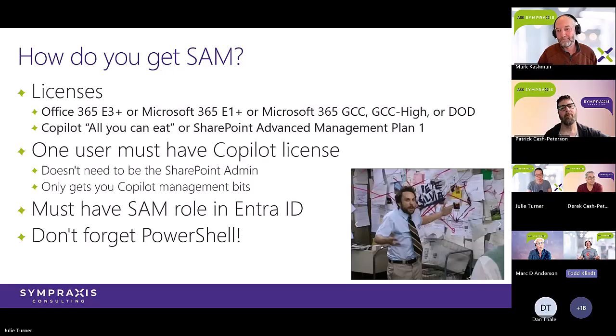And the reason for that is because as soon as you light up Copilot, then a bunch of the Copilot management stuff shows up in SharePoint admin, things like defining dictionaries and stuff like that. Obviously, the admins need to be able to control that if users are using Copilot. So that lights up most of the stuff inside of SAM, but not all of it. If you have a regular user that's licensed for Copilot, then your SAM user gets the Copilot admin agent we talked about, even if they don't have a Copilot license.